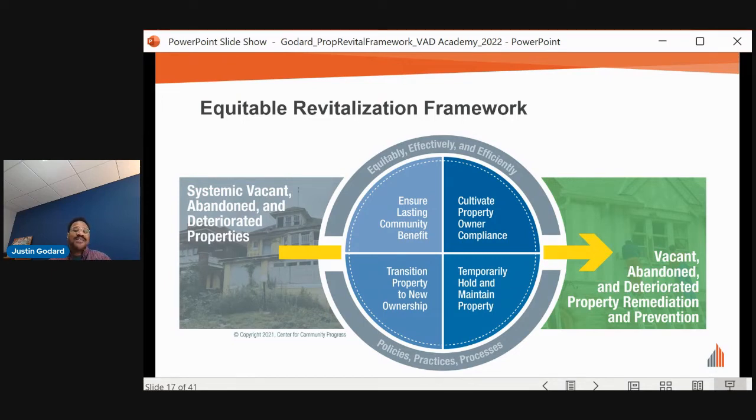The Property Revitalization Framework is a system created to do just that through efficient, effective, and equitable policies, practices, and processes. So for the remainder of this presentation, we'll spend some time briefly discussing the tools and partnerships contained within each framework element and why they are critical to tackling the faulty systems which contribute to bad properties.